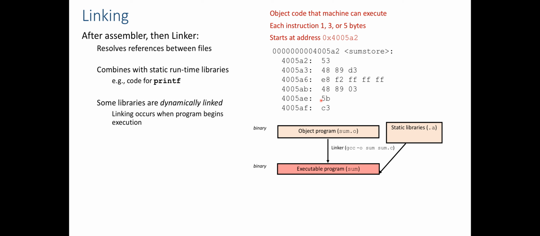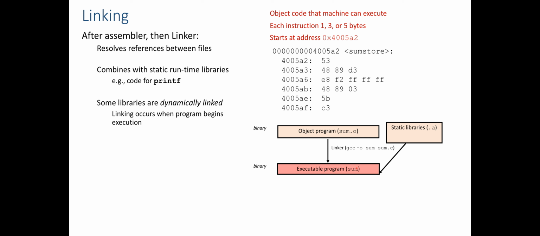There are sets of instructions like this for all the various C libraries. And so the linker will put the C libraries, like ones for, say, printf, together with the code from your C file that got made like this, and then create this final sum program. Now, some of these libraries can be what's called dynamically linked.